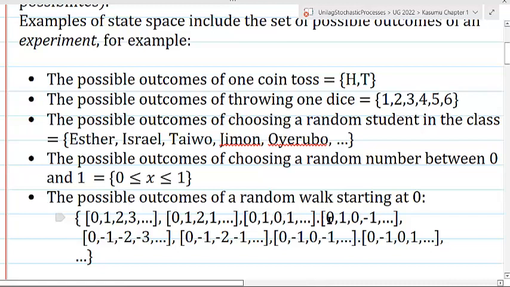So these two give all possibilities for the first 4 steps, given that my first 3 steps are 0, 1, and 0. So we have looked at all the possibilities for the first 4 steps if the first 2 steps are 0 and 1. We can go 0, 1, 2, or we can go 0, 1, 0. If we go 0, 1, 2, we can go 0, 1, 2, 3, or 0, 1, 2, 1. If I go 0, 1, 0, I can go 0, 1, 0, 1, or 0, 1, 0, -1. So these are all the possibilities for the first 4 steps if my first step goes from 0 to 1.